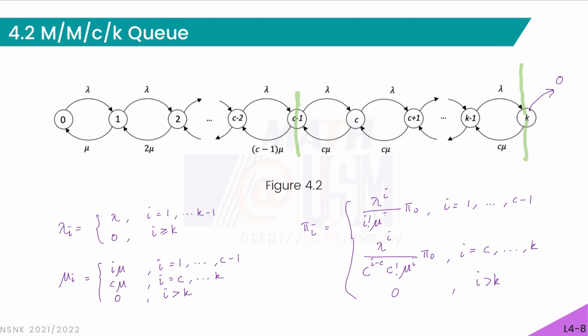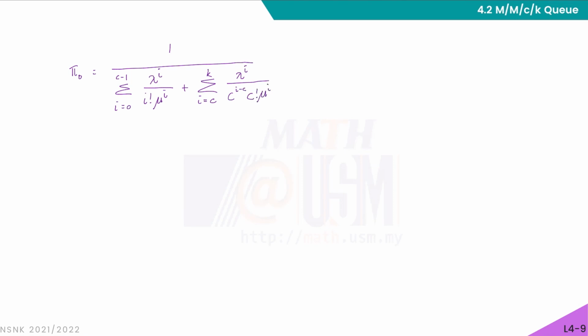So basically, for the value of pi naught, using the knowledge that we've learned previously, you will have 1 over the summation of i equals 0 until C minus 1 of lambda to the power of i over i factorial times mu to the power of i, plus the summation of i equals C until K of lambda to the power of i over C to the power of i minus C times C factorial times mu to the power of i.